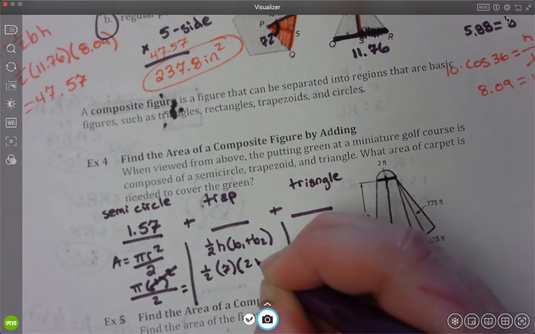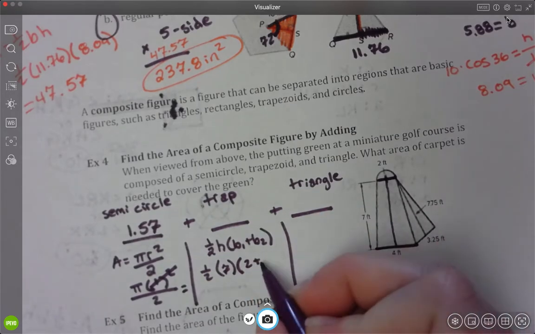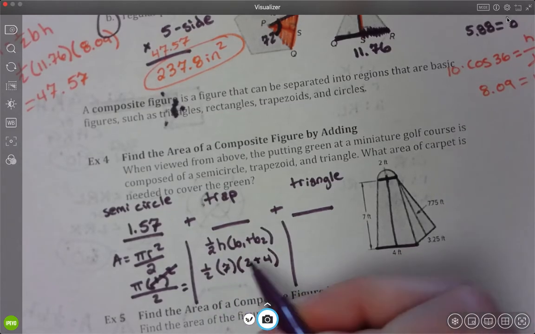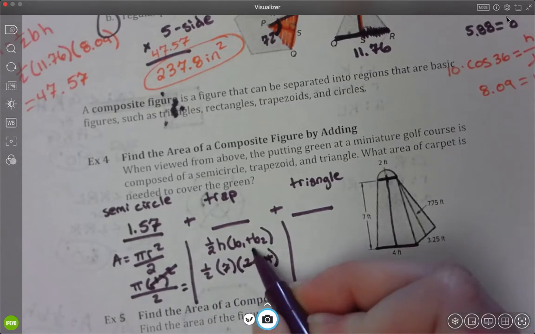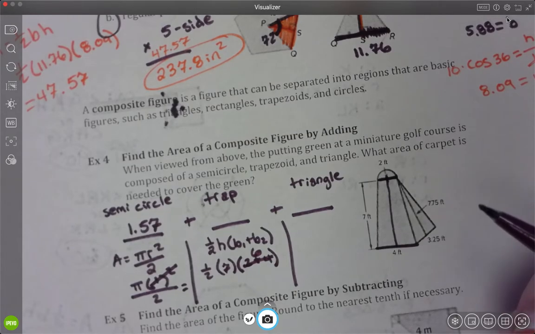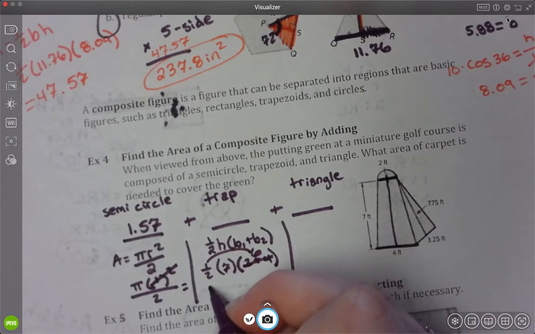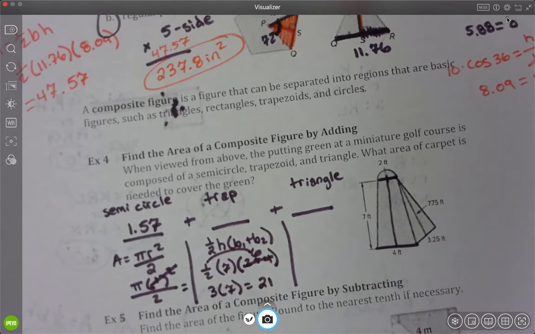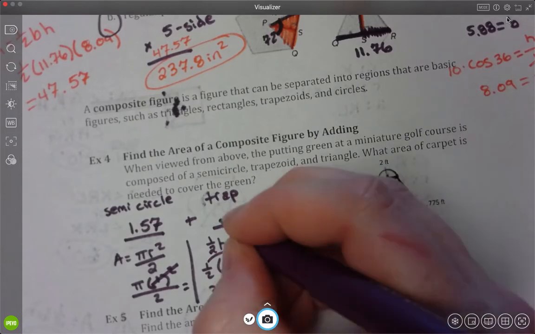The other base is 4 on the bottom here. Okay. All right, so I have half of 7 times 2 plus 4. 2 plus 4 is 6. Okay, I'm going to do this backwards. I'm going to do half of 6, which is 3, and then I'm going to take 3 times 7, because I can do that in my head. Okay, 3 times 7 is 21, so the area of the trapezoid is 21.